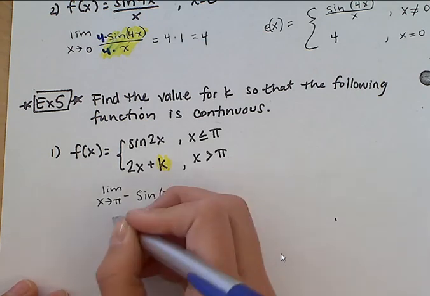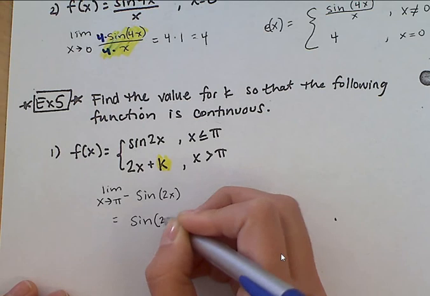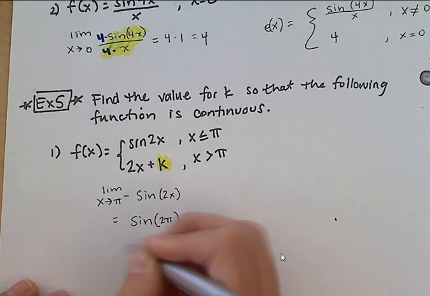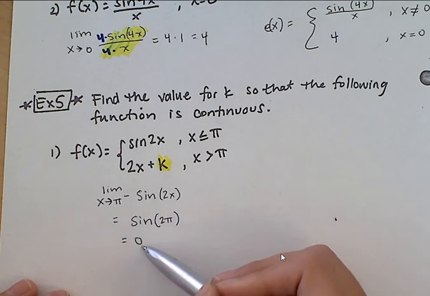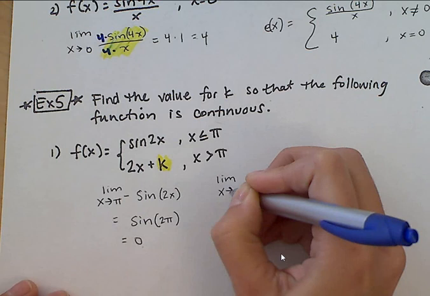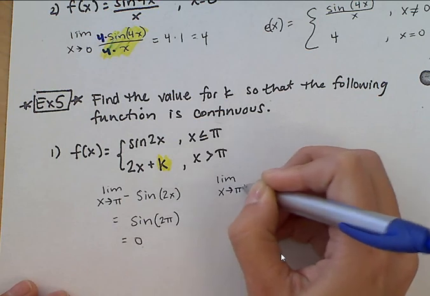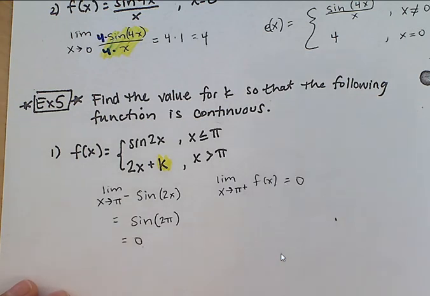And this is equal to sine of 2 pi. And sine of 2 pi is equal to 0. So if the limit from the left equals 0, then I know that I want the limit as x approaches pi from the right of f of x to also be equal to 0, so that this is continuous. Okay?